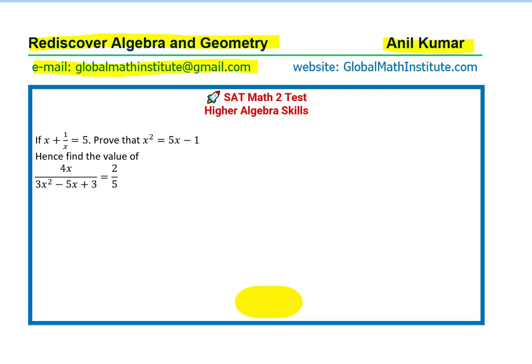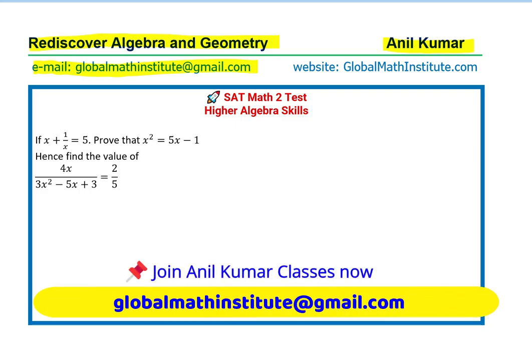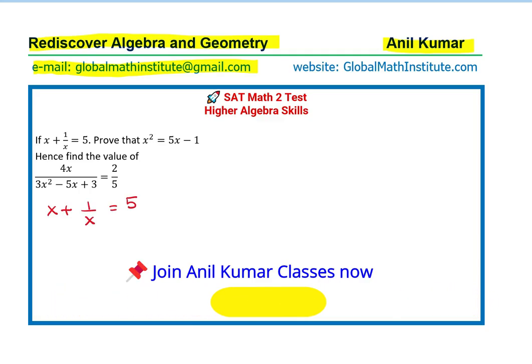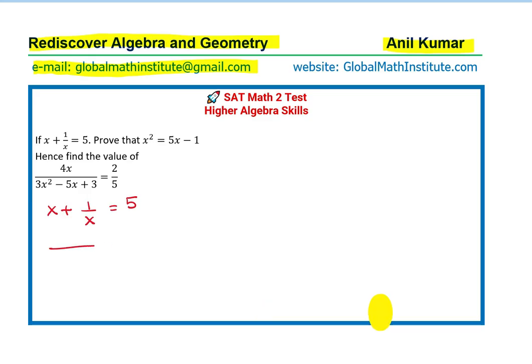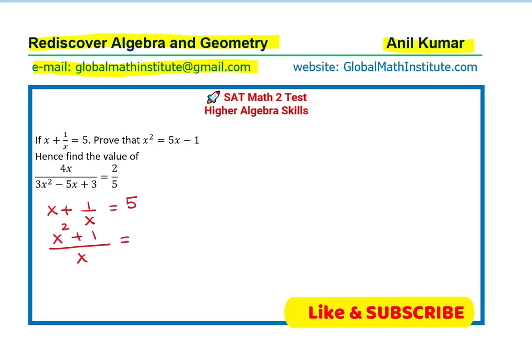So let's begin with what is given to us, which is x plus 1 over x equals 5. Now, we can take the common denominator of x. In that case, we'll get x squared plus 1 over x equals 5.